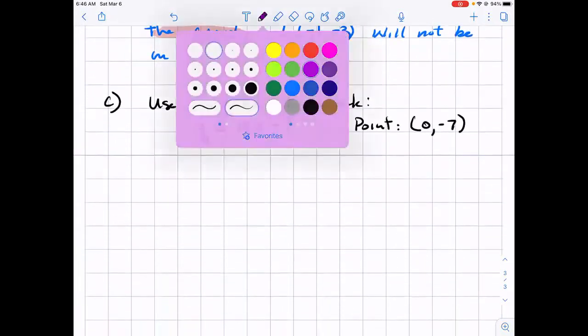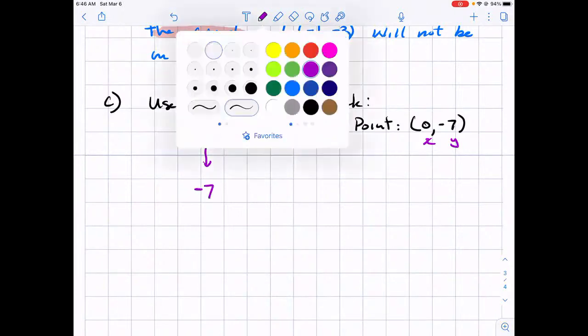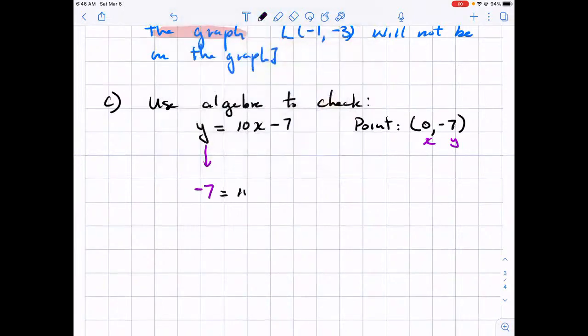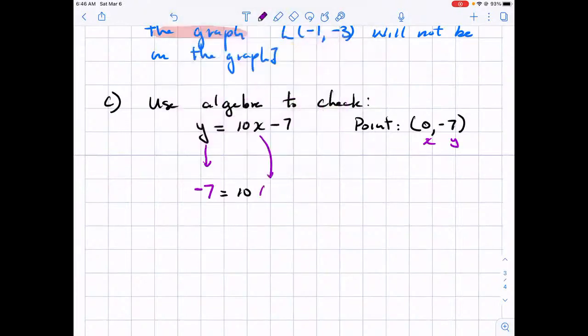Remember, this is x and this is y. So instead of y, we will write -7, and that is equal to 10, and instead of x, I'm going to write 0. And then we subtract the 7.